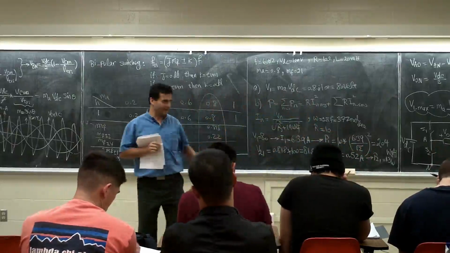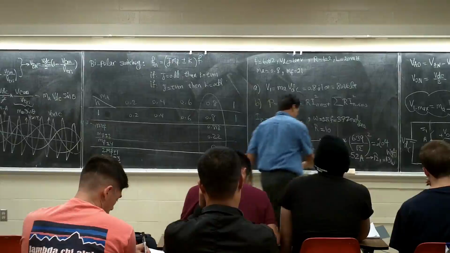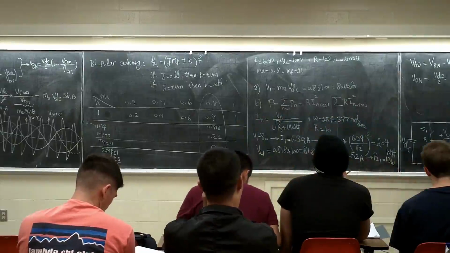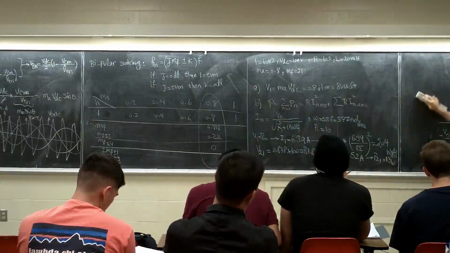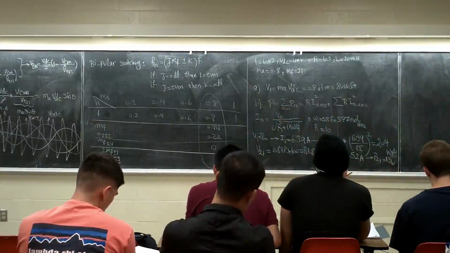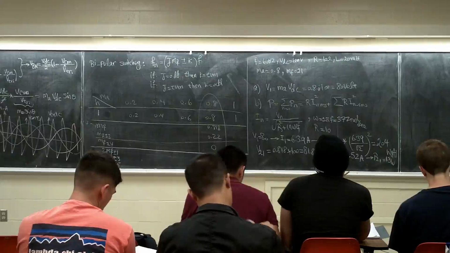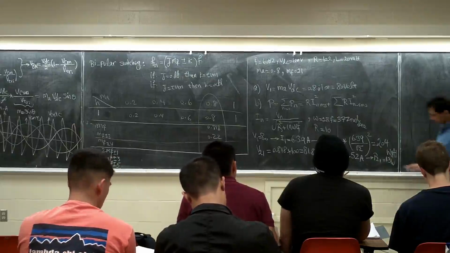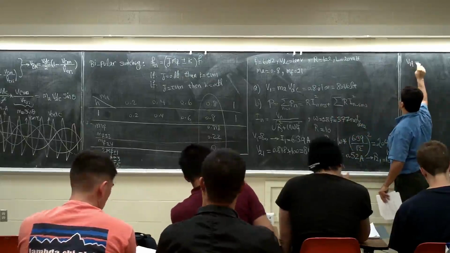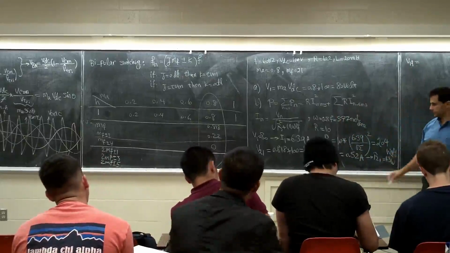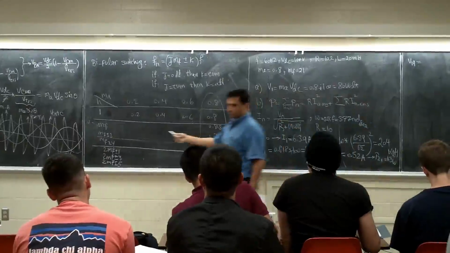But as I said, this is the first time, so let's go through it. What are the next harmonics in the output? 19 and 23. How much will be 19? I should go through here, right?